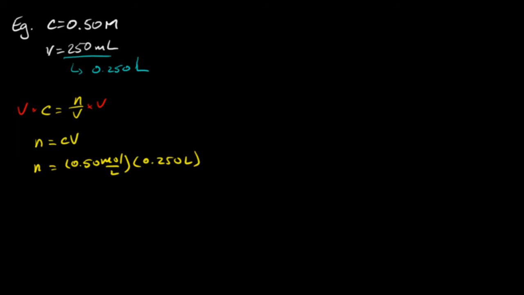And if you look closely, you'll see that the liters are going to cancel here, and you're left with moles, which is the correct unit that I want. The question is asking here how many moles of whatever substance are required to make this particular solution. So this leaves us with 0.125 moles of whatever substance you're looking for.